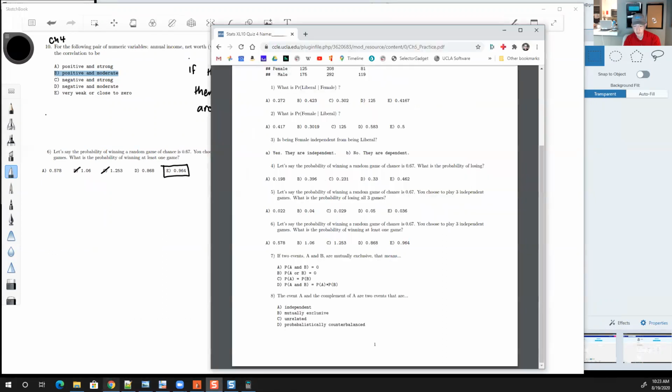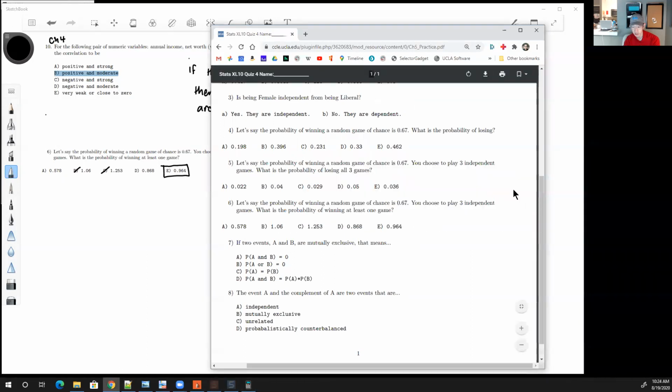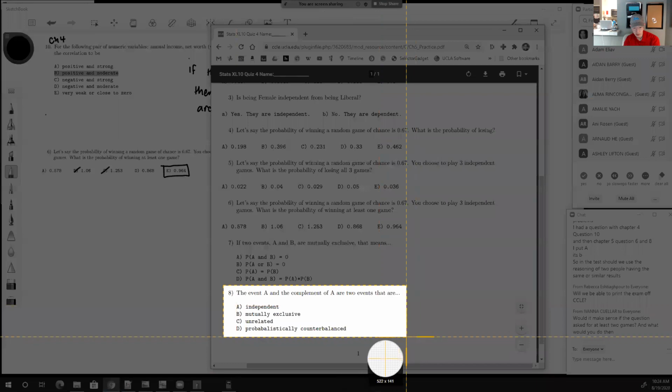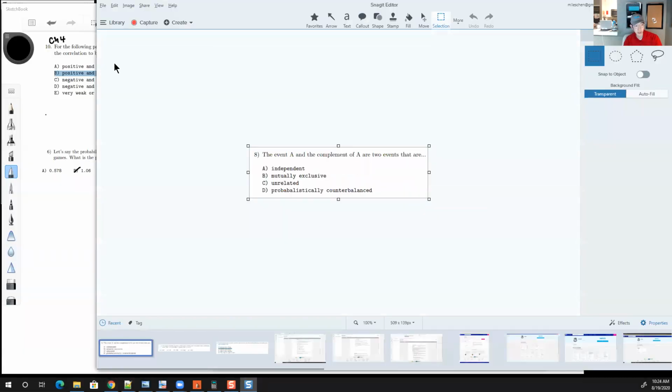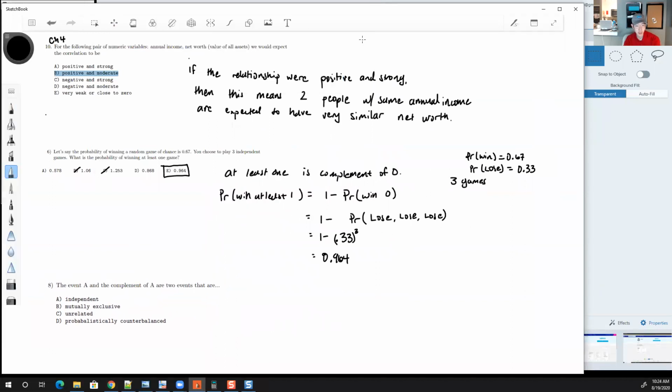All right, and then question 8. Sure, let's go ahead and do this. The event A and the complement of A are 2 events that are, okay, so the answer there is these 2 are going to be mutually exclusive, right? Basically, in the diagram you have A inside the circle and then A complement outside the circle.